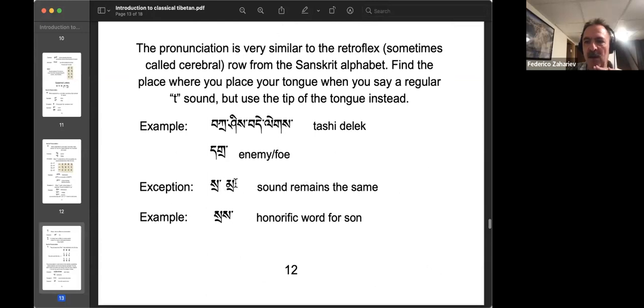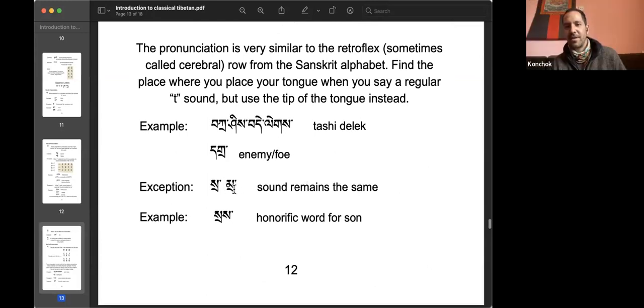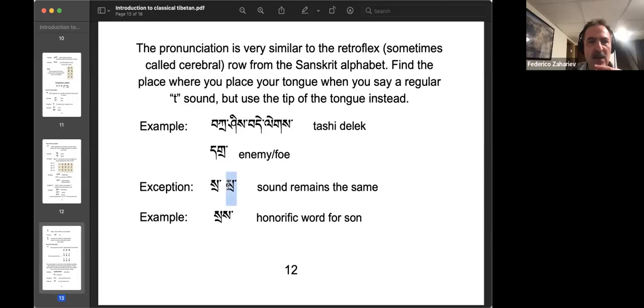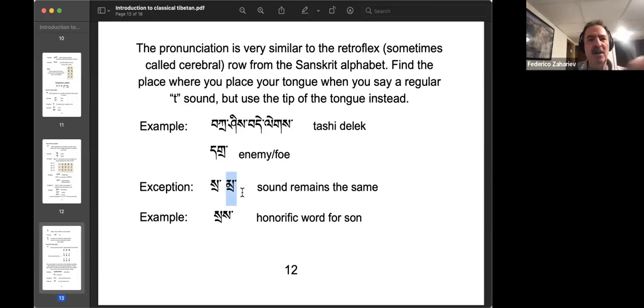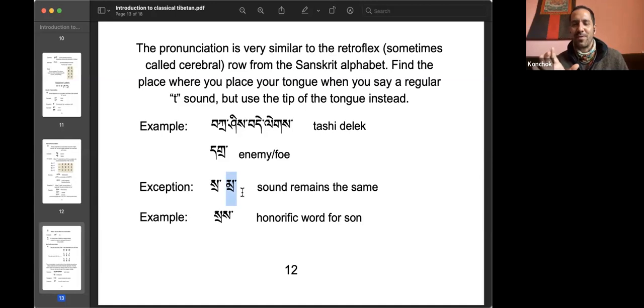Here it is actually. It would just be ma. I wrote the exception, but I forgot to write how to pronounce it. But basically, if it's in another letter, nothing happens to the sound.